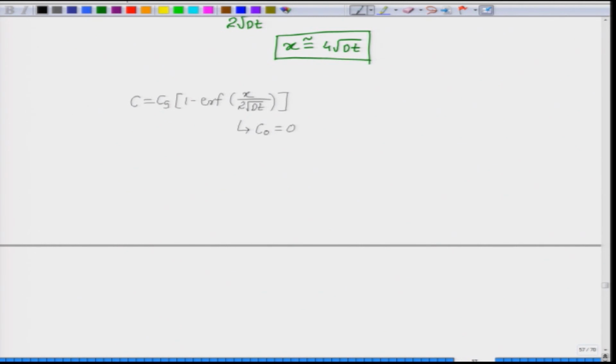When we talk about carburizing, this solution assumes that the initial concentration of the steel being carburized is 0. However, this is not the case in practice. As I said, the steel that undergoes carburizing heat treatment is a low carbon steel, so it has some carbon concentration, typically around 0.28% carbon. So how do we solve the diffusion equation in this case?